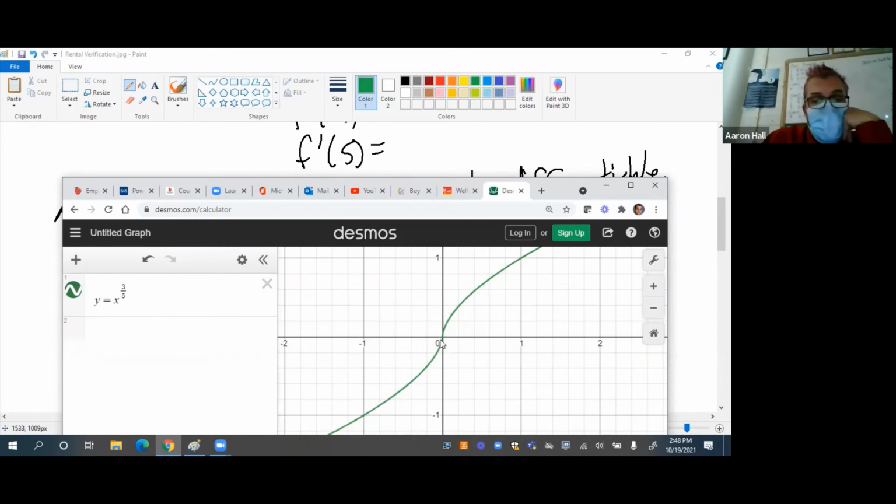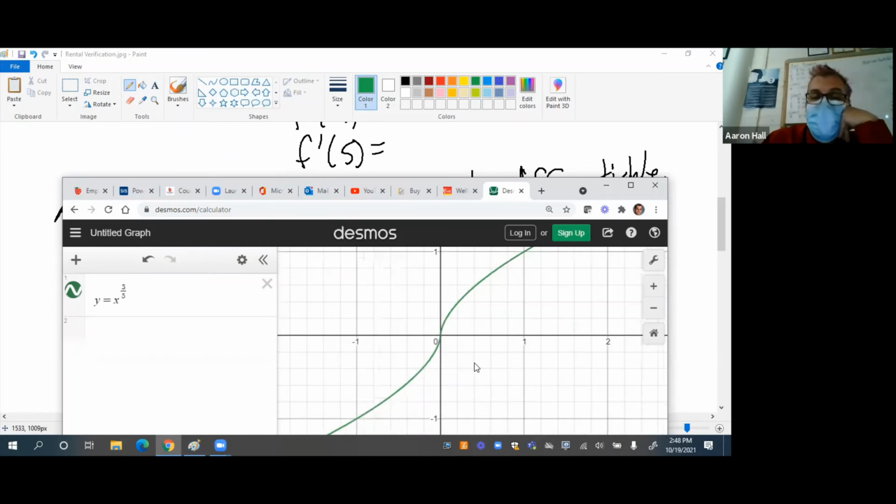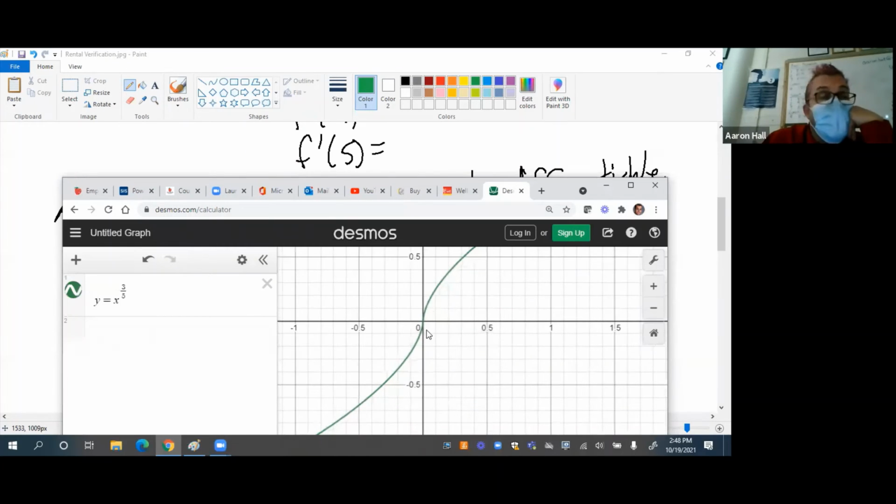Any guesses what the slope is at this point? Zero. If I drew a tangent line, what does that tangent line look like? It's a vertical tangent line.